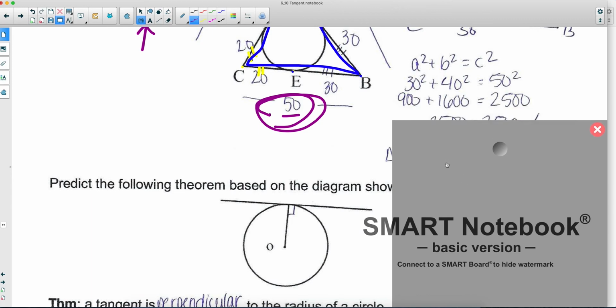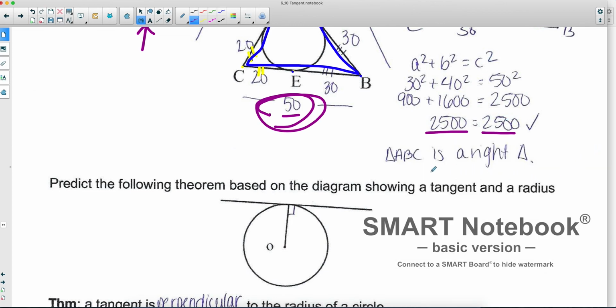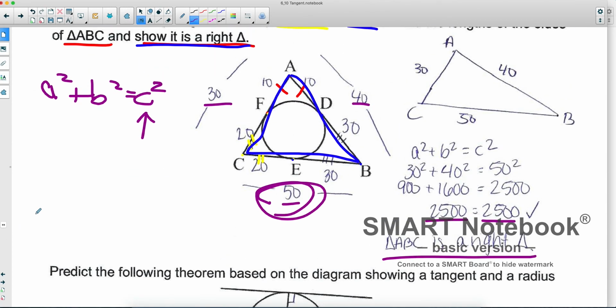And when I do that, and I evaluate, the left side and the right side are equal. That tells us that our side lengths work in Pythagorean theorem. So if they work in the Pythagorean theorem, that means that triangle ABC must be a right triangle. And there you have it. Okay? So we're kind of incorporating tangent segments as well as Pythagorean theorem into this type of question.